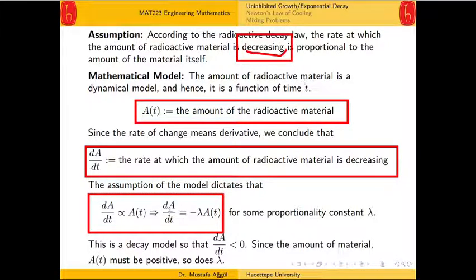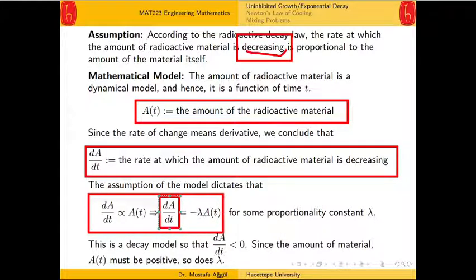Let's check the signs if we consider the derivative. The derivative has to be negative because it's a decay model, right? Because we have a decreasing amount. So this is negative, and A(t) is the amount. It cannot be negative, so it's positive.